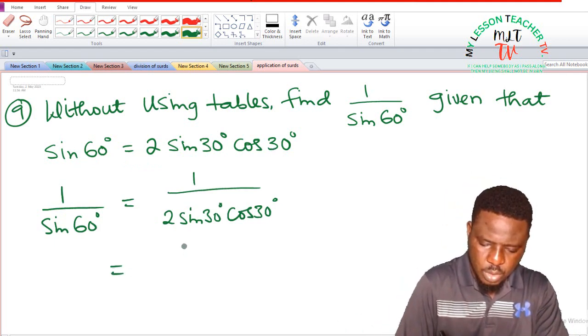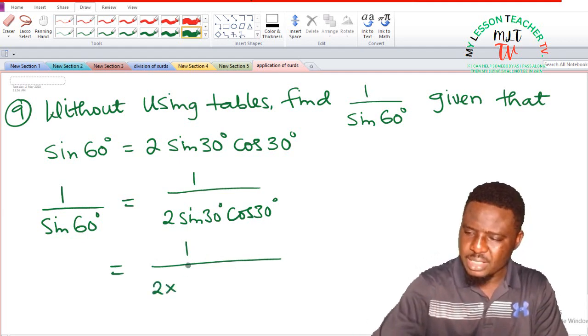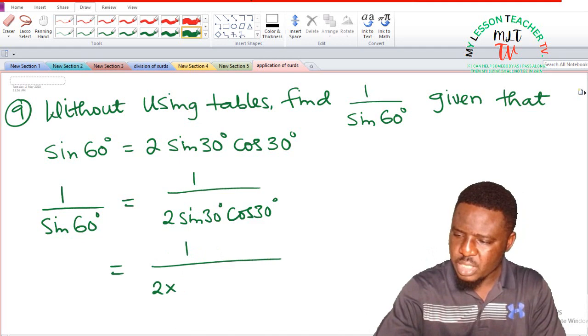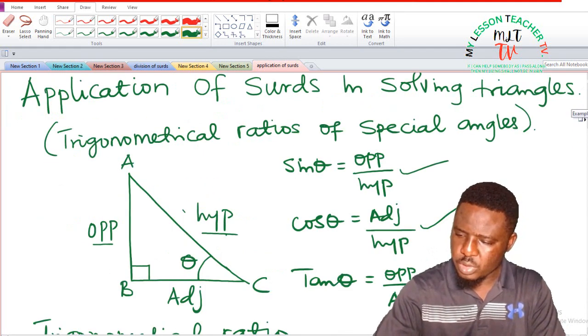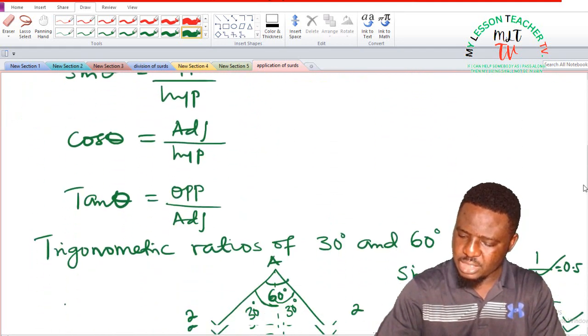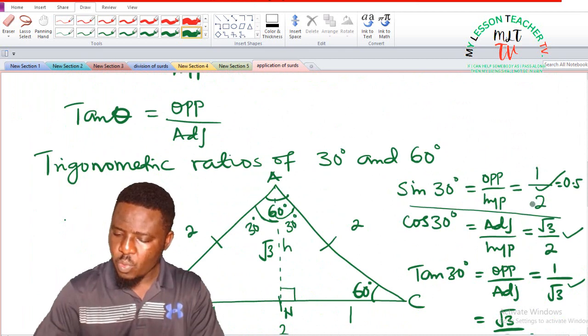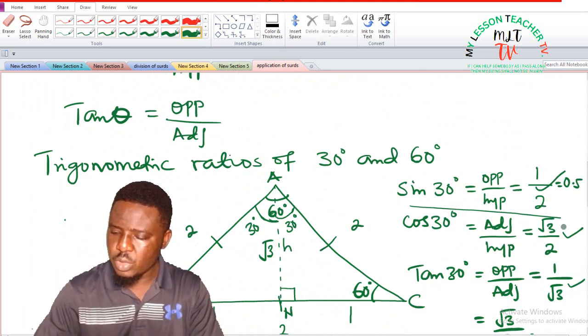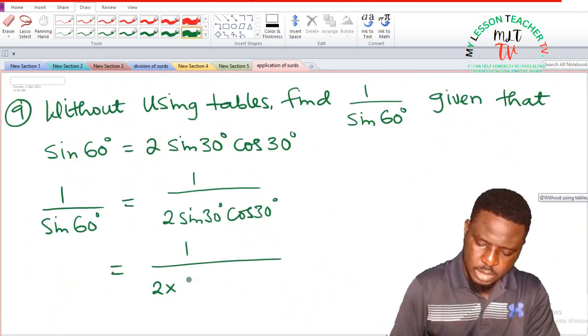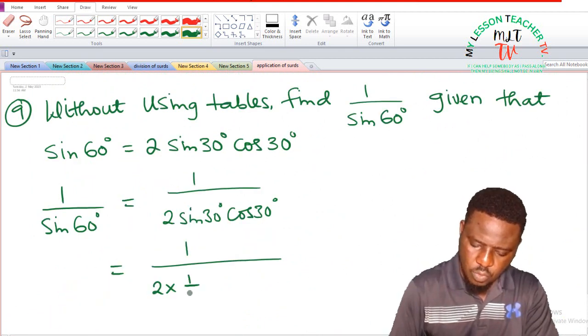So simplifying, this is equal to 1 divided by 2 times sine 30 and cos 30 degrees. If you go back to the trig, sine 30 degrees is 1 over 2, while cos 30 is root 3 over 2.